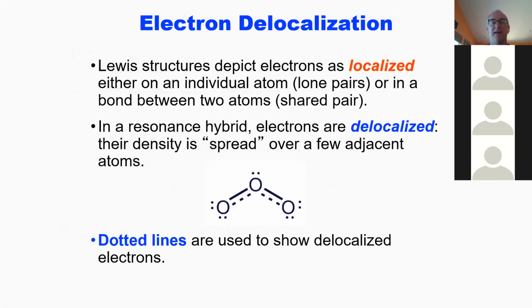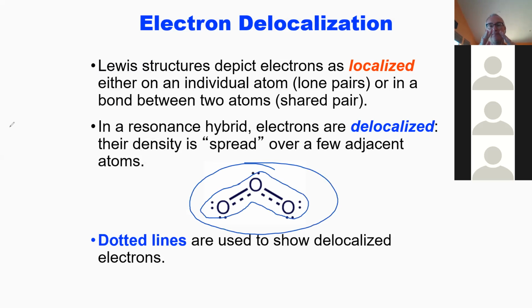And then, like I said, this shows you the actual structure of ozone. It looks like this, so that each has the right number of electrons. We know scientifically, by measuring these bond lengths and bond angles, that it looks like this.